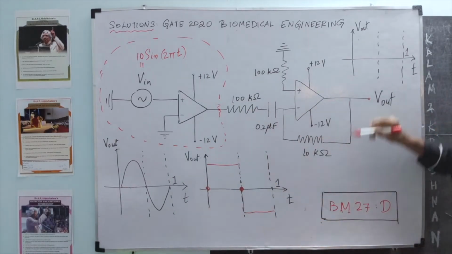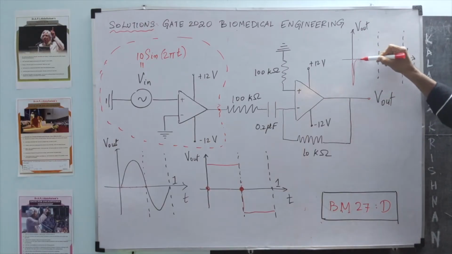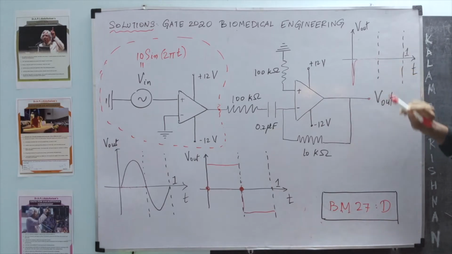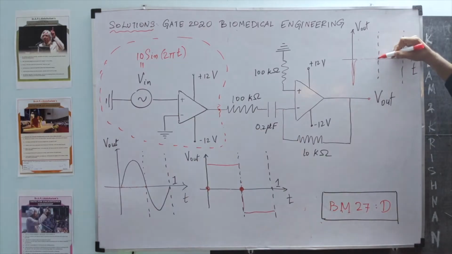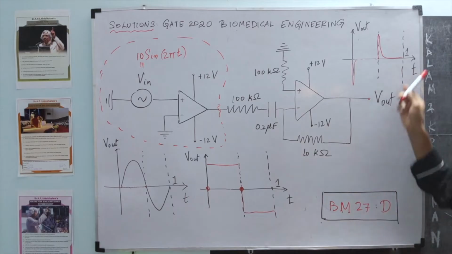So if there is a positive slope change, there is going to be a negative spike. Then it gets back to 0, and the slope doesn't change here, so there is no derivative in this location. Then the slope becomes negative, there is a positive spike and things get back to 0. The first circuit is a comparator, from here to here it's a differentiator, so we get this curve.